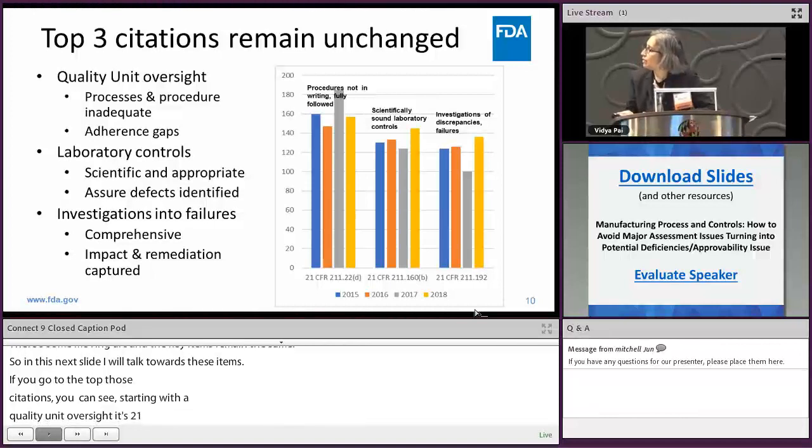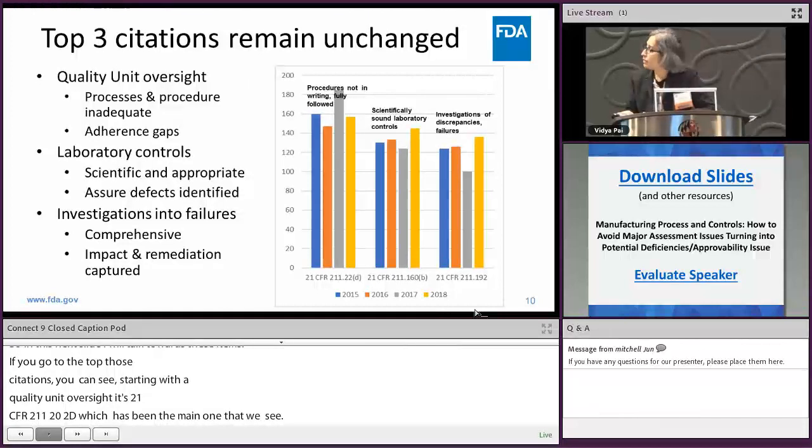It's really around the fact that the processes and procedures may or typically are not seen to be in writing, or they're not adequate, or there are adherence gaps that have been noted.